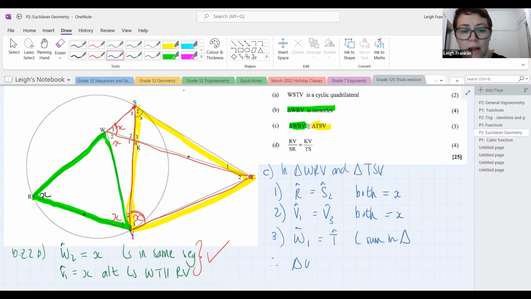So therefore, triangle WRV is similar to triangle TSV, angle, angle, angle.